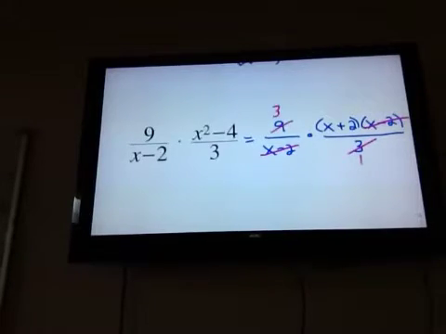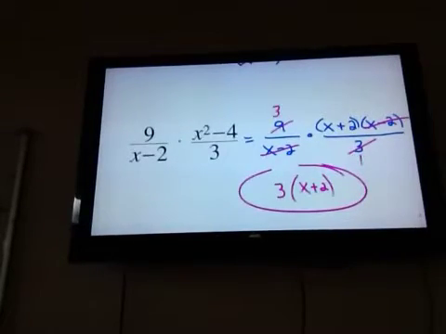And then in my numerator, I'm left with 3 and the quantity x plus 2. And in my denominator, just 1, which I don't have to write. If you wrote it, I wouldn't mark it wrong, but you don't have to have it there. After you reduce and cancel, what's left is your answer.